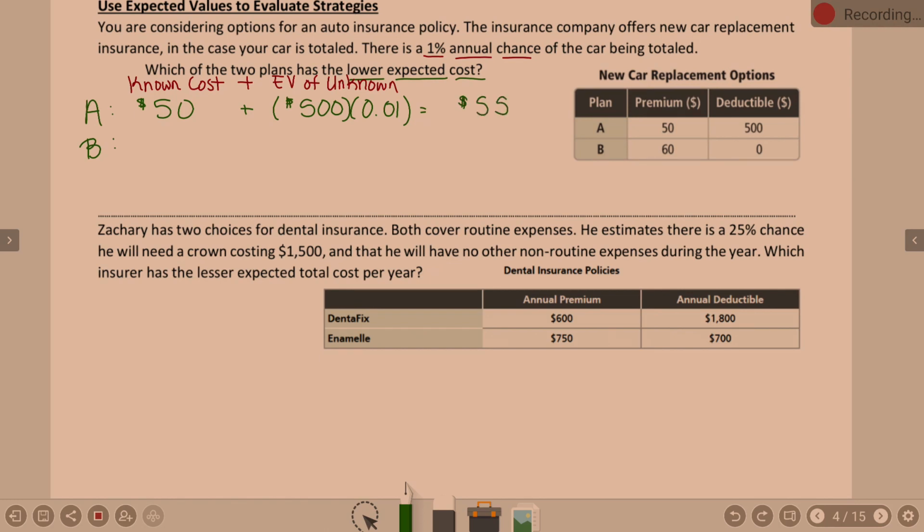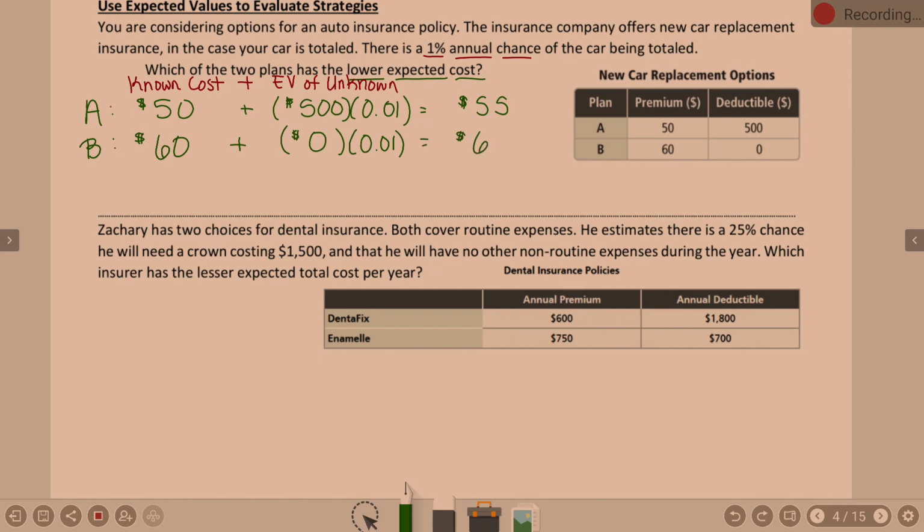The known cost on B is $60. You know you're paying that no matter what. What's the unknown? 0, because, officially, if I want to be official here, it is 1% of 0. But what is 1% of 0?